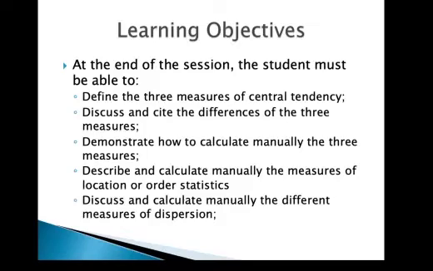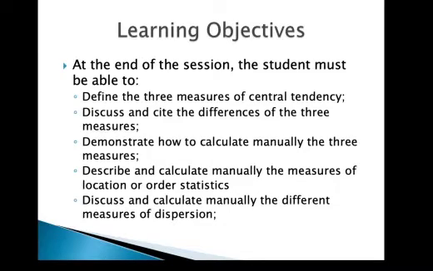And so, these are the learning objectives for today's session, that at the end, you will be able to define the three measures of central tendency, discuss and differentiate the one from each other, and then demonstrate how to calculate manually the three measures.